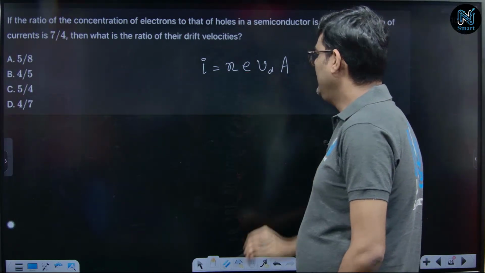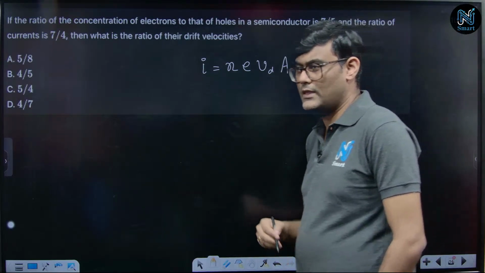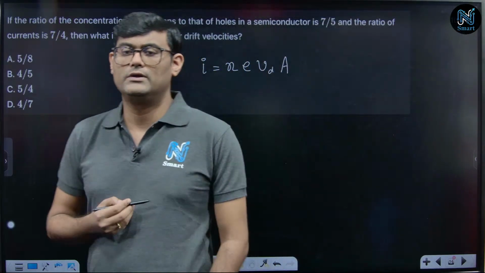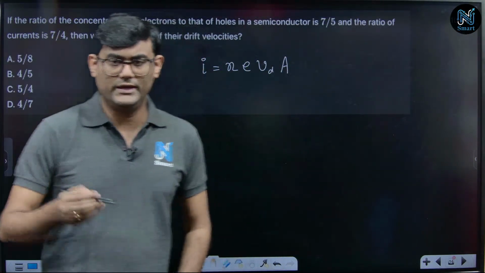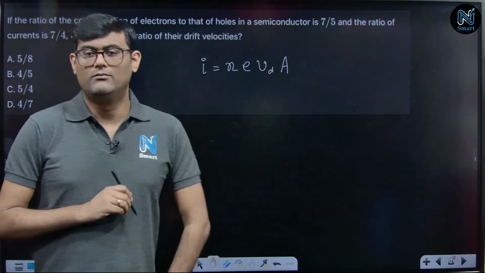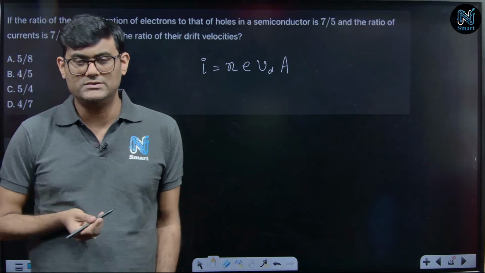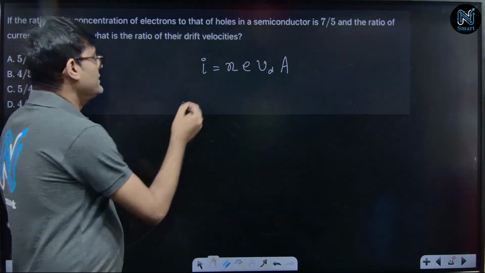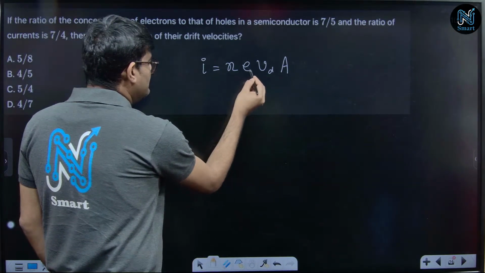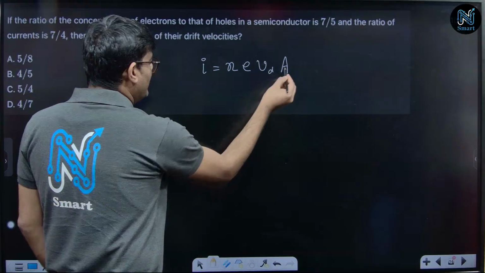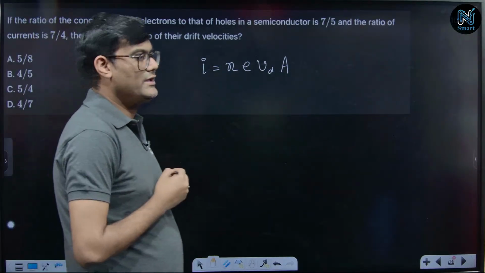Right? What is n? n is the concentration of the electrons. In current electricity, mostly in conductors, current is carried by the electrons. So that is why it is concentration of electron, it is charge of electron, it is the drift velocity, it is cross section area of the wire.